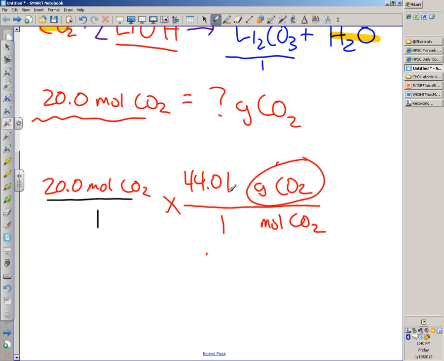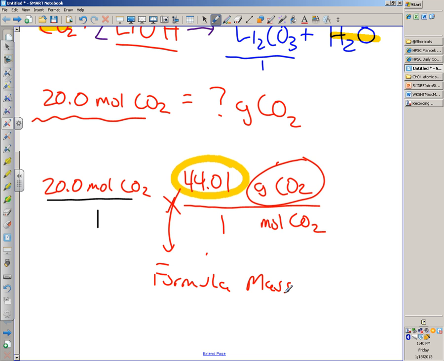So Sean, this is the same idea. It's the number of grams in 1 mole. But now it's the number of grams of carbon dioxide in 1 mole. And we refer to this number as the formula mass.